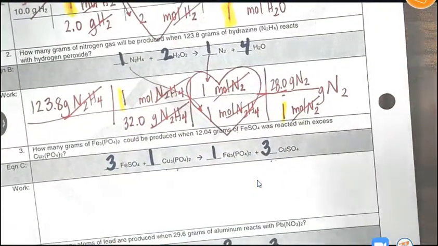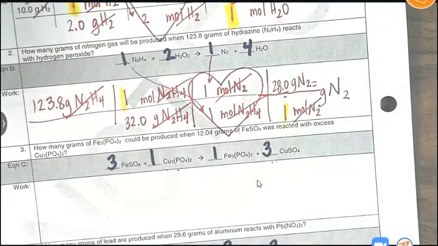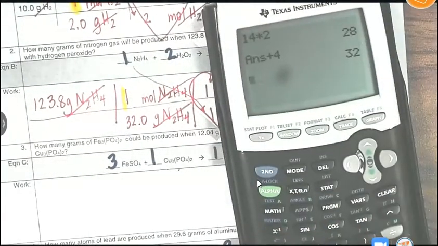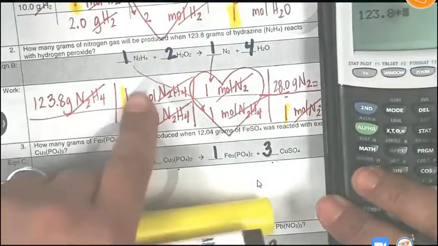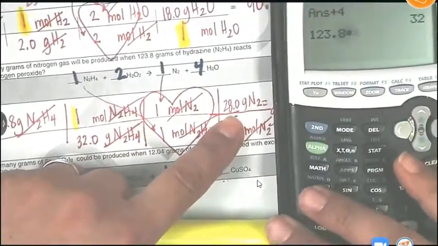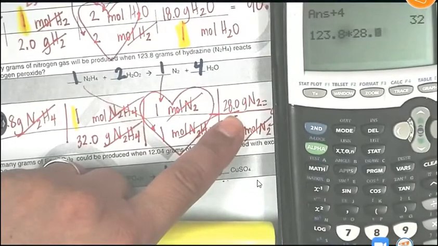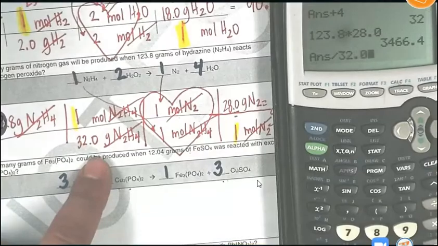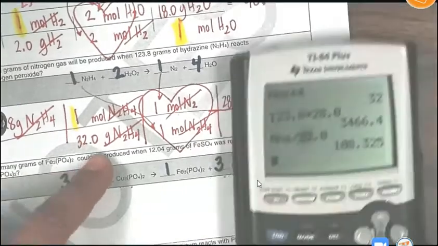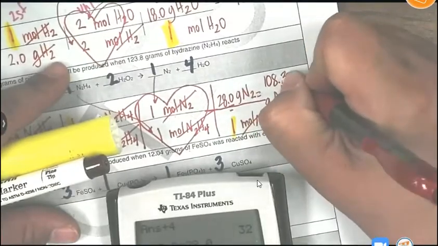So now I'm ready to put this in my calculator. So I'm going to take 123.8 times, multiply everything on top, times 28.0 divided by 32.0. And I got 108.325.